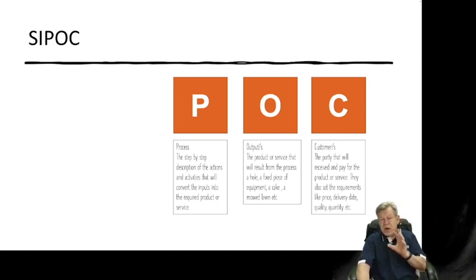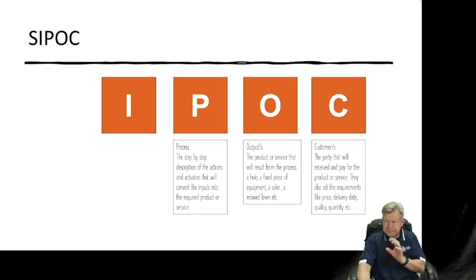The output is what I will make, what I will produce, and there will be useful stuff coming out of there, the product, but there will also be waste, discarded material, rubbish, fumes, gas, and stuff. Customer is what we are making in the end. That is the person that wants what I make.